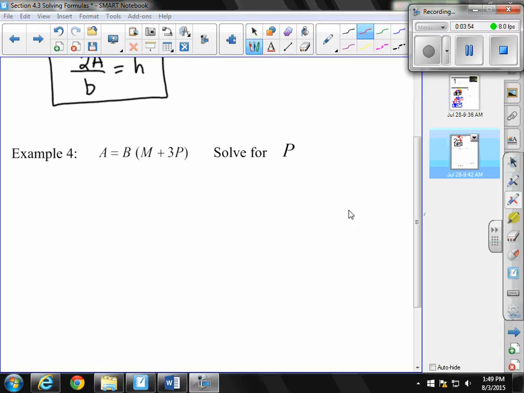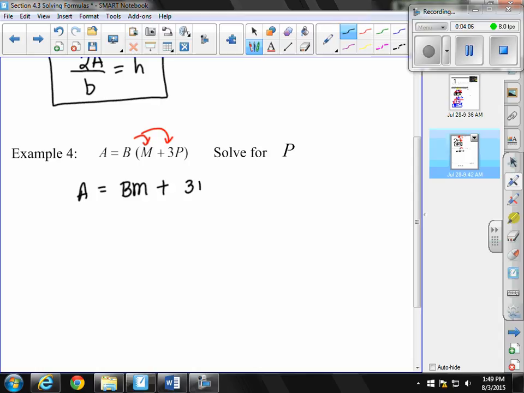We want to clear our parentheses first, so distribute the B. A equals B times M plus B times 3P, or 3BP. I'm trying to solve for P, so I'm going to use my addition property next. I'm going to subtract BM from both sides of my equation. Again, not like terms here, so we're just going to carry everything down.